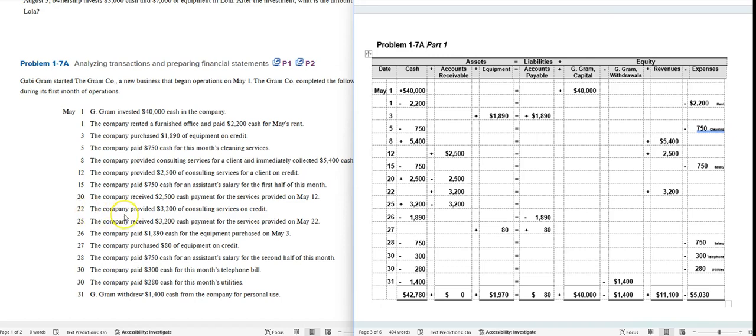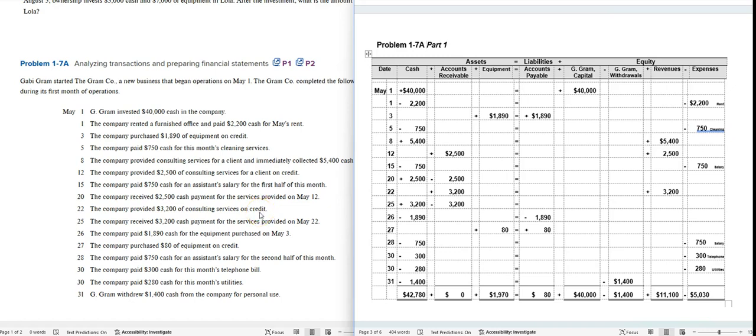On the 22nd, the company provided $3,200 of consulting services on credit. Again, we record revenues at the time they are earned. We have provided the service to the client. We have earned the revenue. We're not paid for the revenue yet, so we have more accounts receivable.